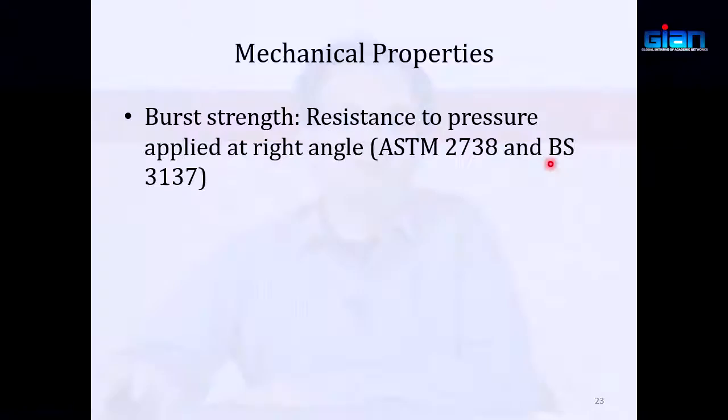So there are particular protocols you follow. ASTM is American, BS is British. So these are the codes. If you go to those books and look for the code, it gives you the entire protocol for how you would measure.